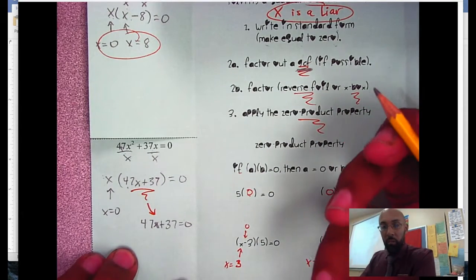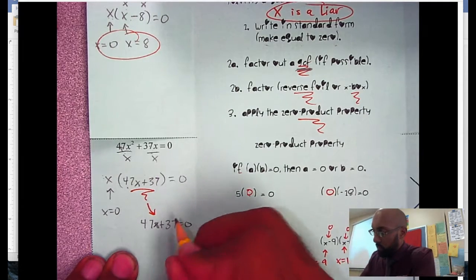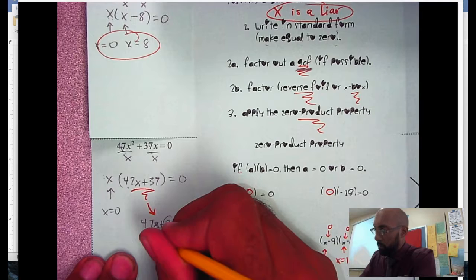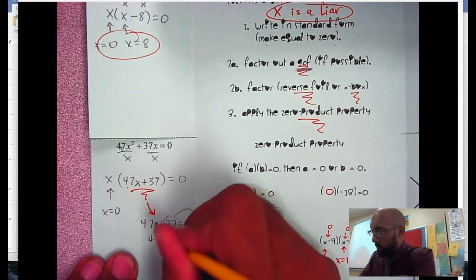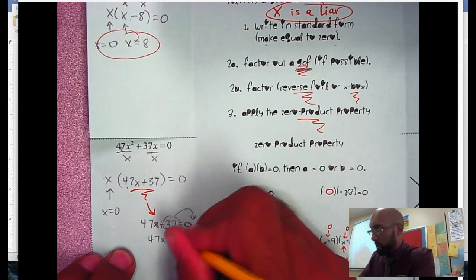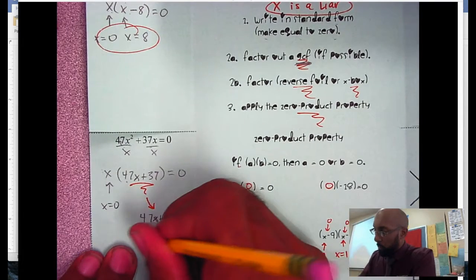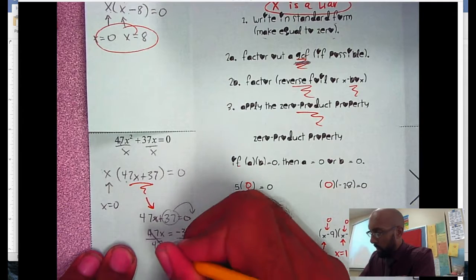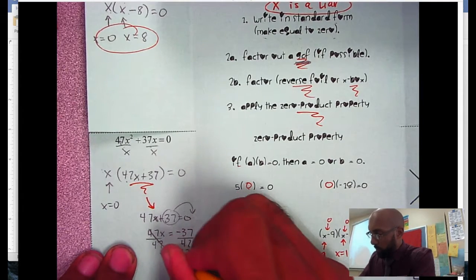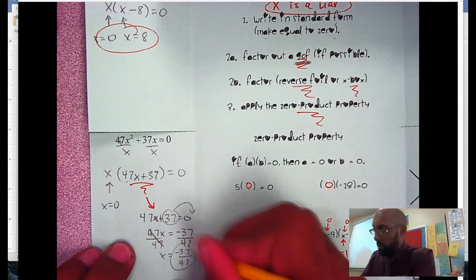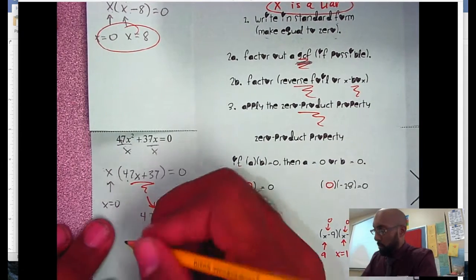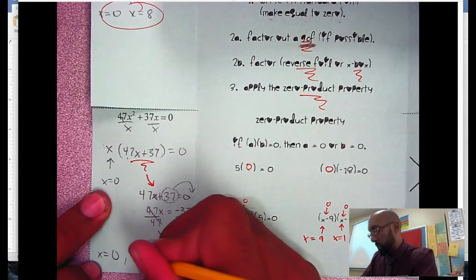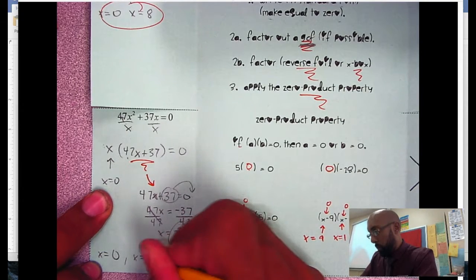And then I'm going to solve for x. Well, first, I'm going to take that 37 and subtract 37. 47x equals minus 37. Divide both sides by 47. And so x equals minus 37 over 47. So that's our solution. So we have x equals 0 and x equals minus 37 over 47.